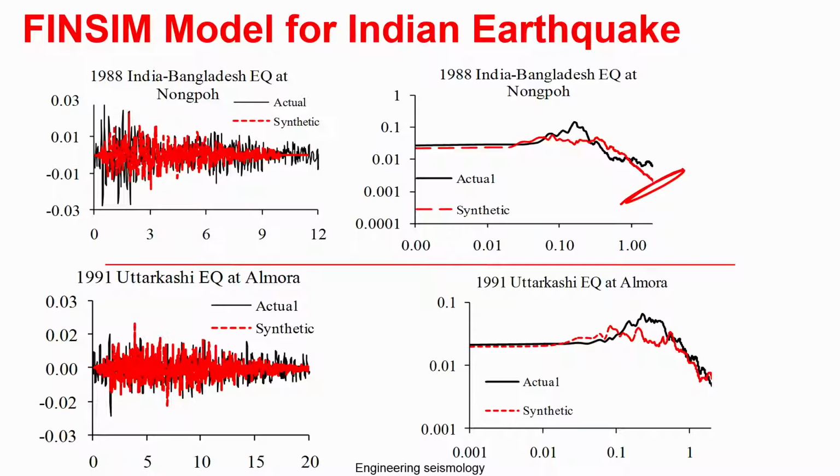Finally, we have come up with a ground motion prediction equation for North India and South India very recently, which is robust with respect to magnitude. It is applicable to a wide range of magnitude and distance, which was not possible in the previously generated GMPEs so far. Those who are interested in simulation and development of ground motion prediction equations can refer to these research papers, which will be useful.